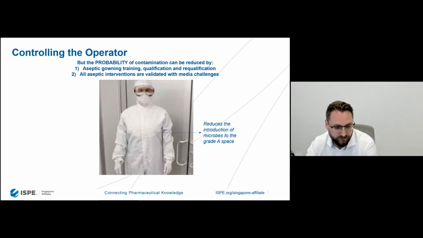And I've seen people who are very, very sloppy, and their plates are also clean. So aseptic gowning is required. It is necessary to remove some of the risk of contamination from the operator, but it's not 100%, and it's not the best way we can go about removing the contamination from the operator.